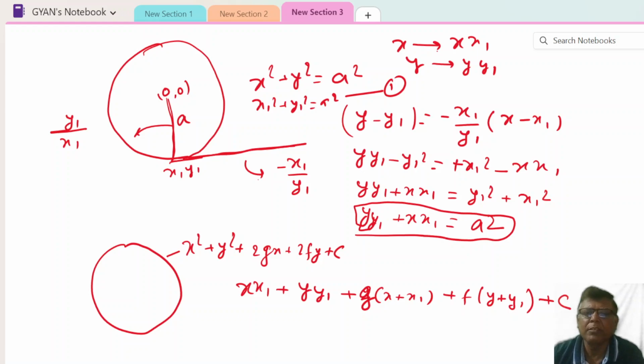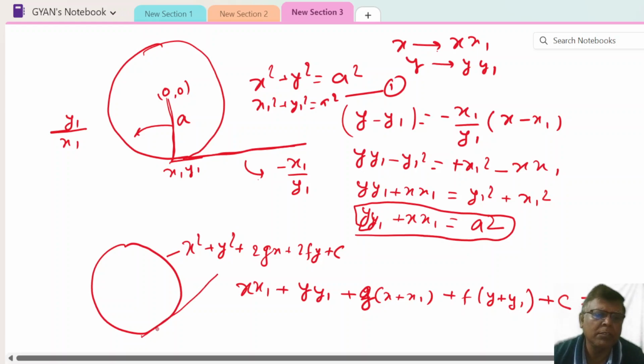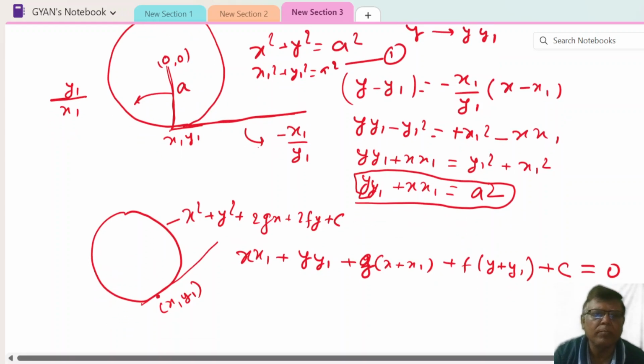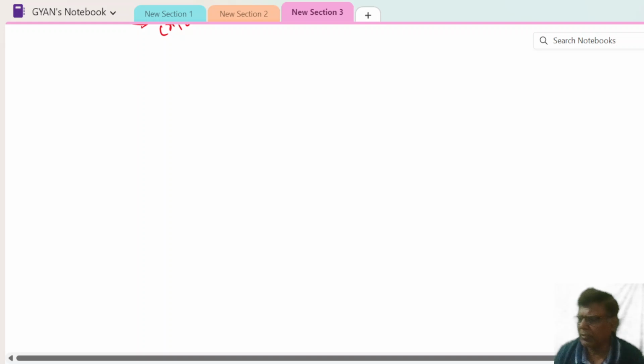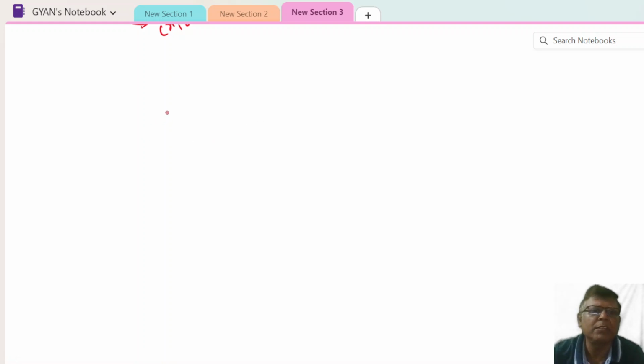This will be the equation of the tangent at any point lying on the circle. Suppose this is x1 y1. Now find the length of the tangent.